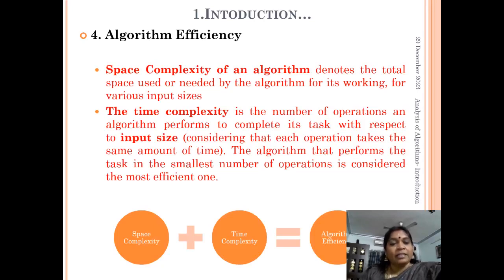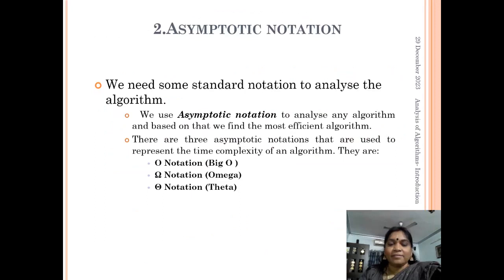The time complexity is the number of operations an algorithm needs to complete its task with respect to various input sizes. So while considering algorithm efficiency, we have to take care of two parameters: space complexity and time complexity. So far we have covered the terminologies: computational problem, algorithm, a good algorithm, and finally efficiency of an algorithm.